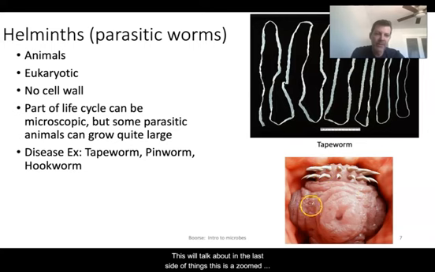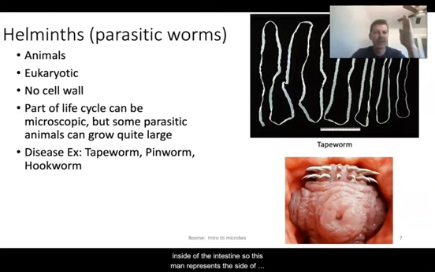This is a zoomed-in view of this little end of a tapeworm. If you look at that little end and increase the magnification, it's going to look something like this. Different tapeworms have a different head region, but collectively this region is called a scolex. A scolex is what allows tapeworms to attach to the inside of the intestine.